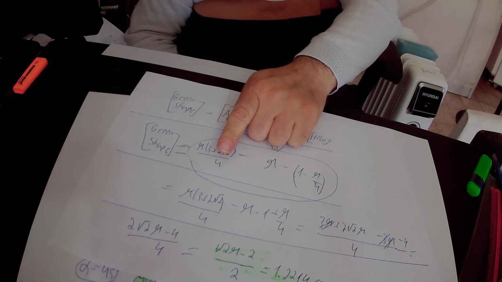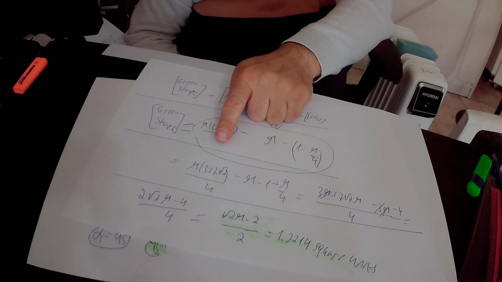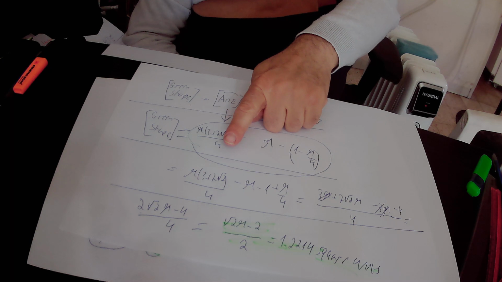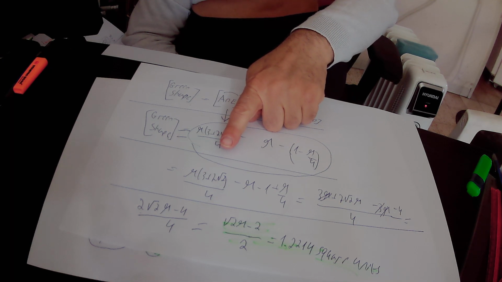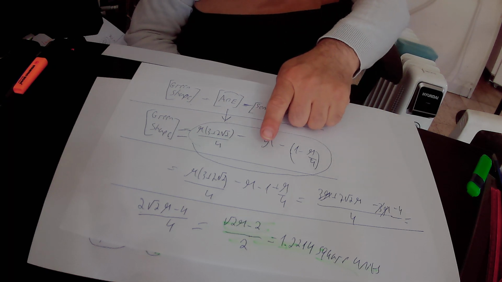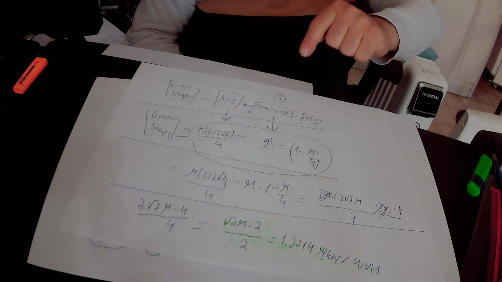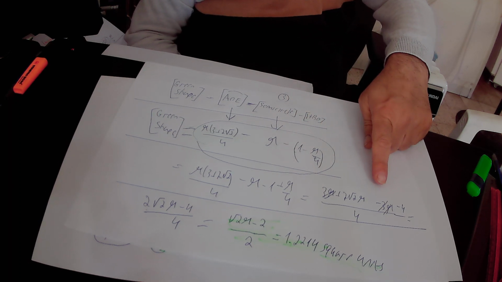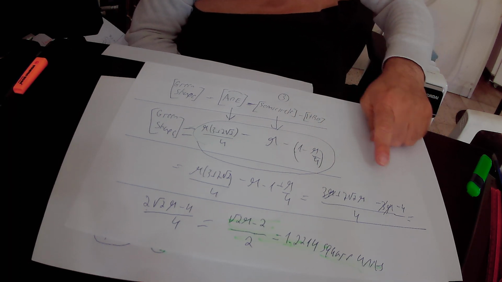So here we open the brackets, and we got that pi times 3 is 3 pi, plus 2 times square root of 2 times pi, and we have divided by 4. And minus pi plus pi over 4 is minus 3/4 pi, and we have minus 1.